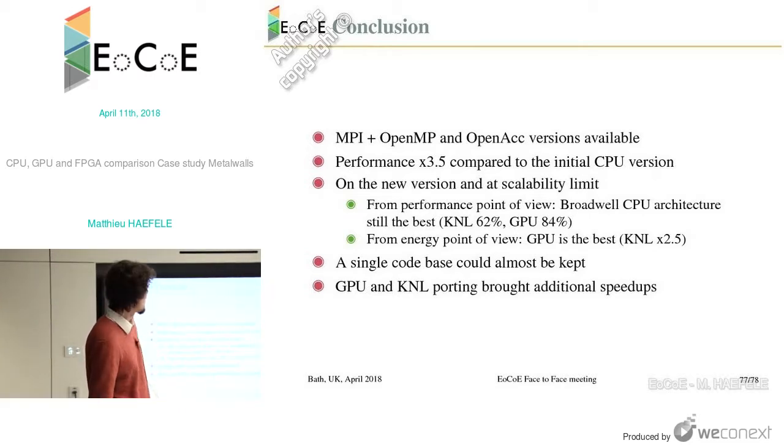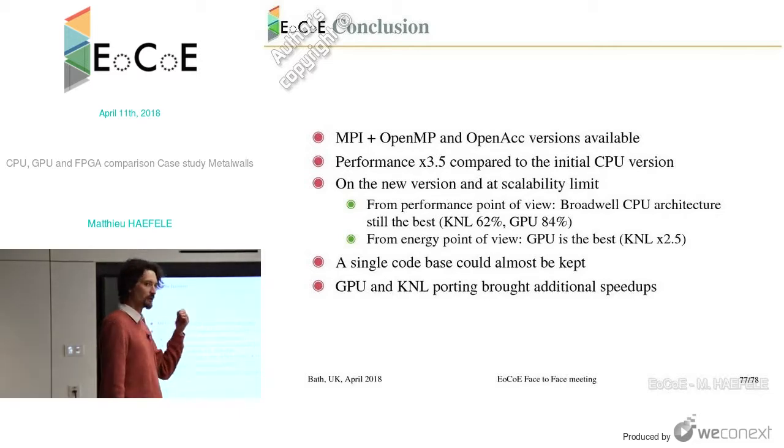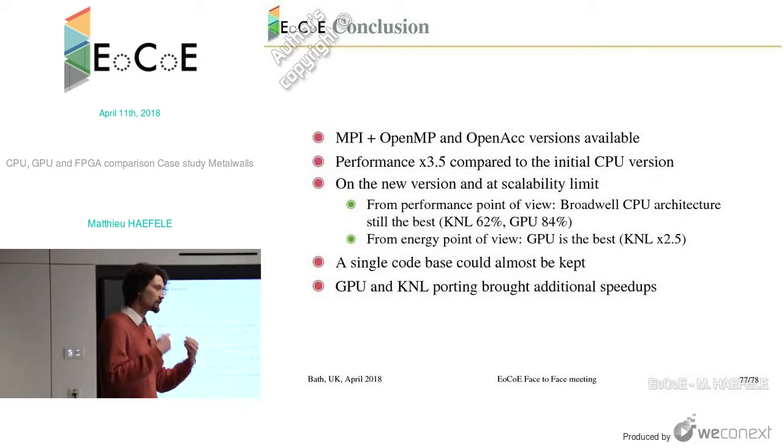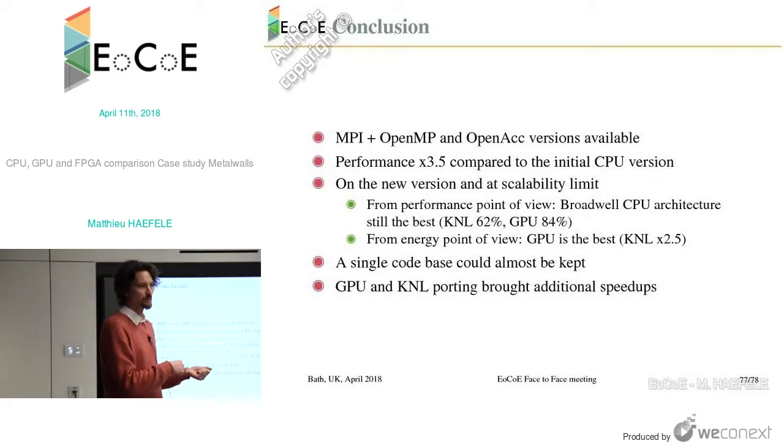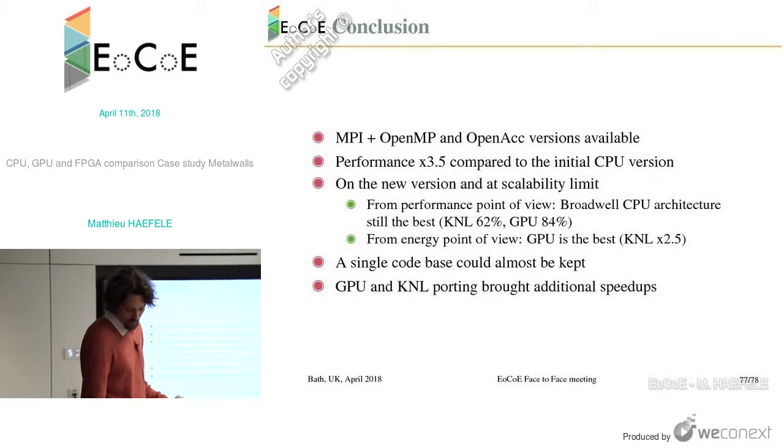But making specific porting to GPU and working on optimization for KNL is a lot of work. It brings something back on CPU, but if you do this only for that, it's very time consuming. And Metalwalls is a very small code, so it's easier for us for this reason.